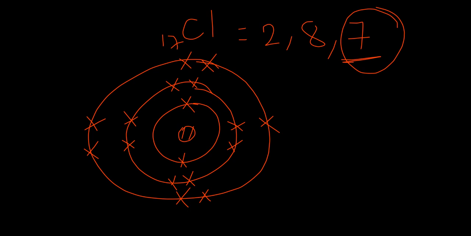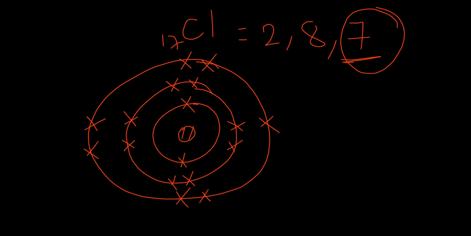I remember I've made mention of the octet rule in a previous video. The octet rule is simply saying that the shell should have a maximum of 8 electrons. So when you are gaining electrons, make sure you gain only up to 8, so that the total amount of electrons in that final shell is 8.